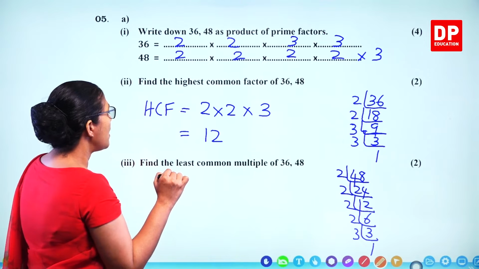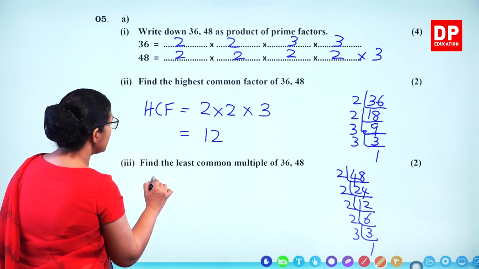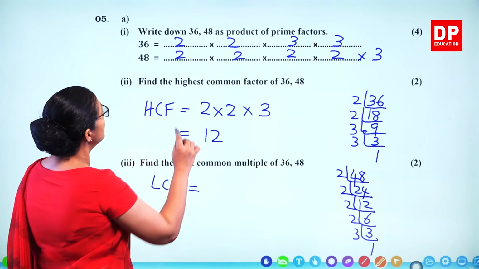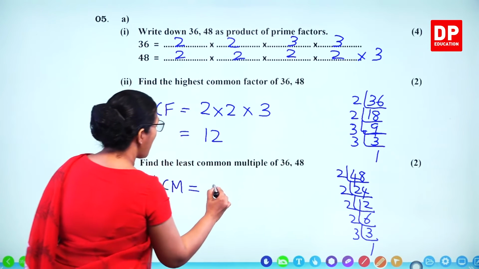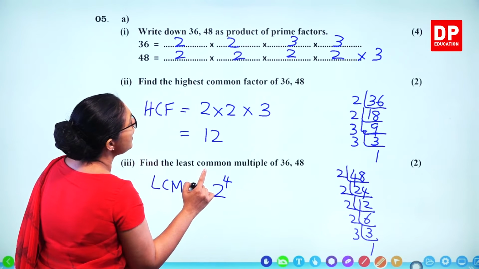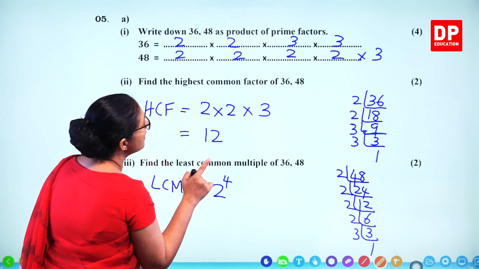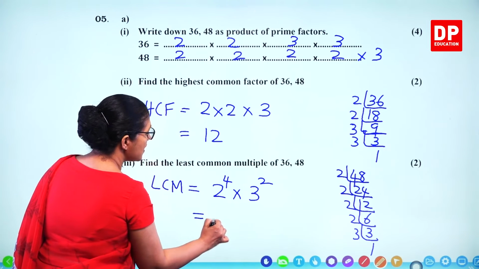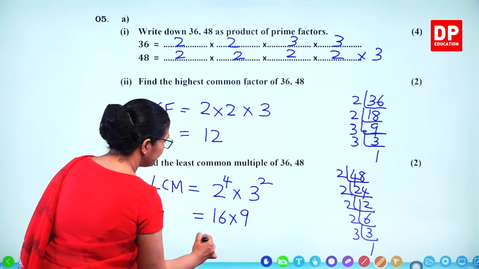Find the least common multiple of 36 and 48. We find the highest powers. 1, 2, 3, 4. Highest power of 2 is 4. Then the highest power of 3, 3 and 3, 3 squared is there. So 16 times 9.